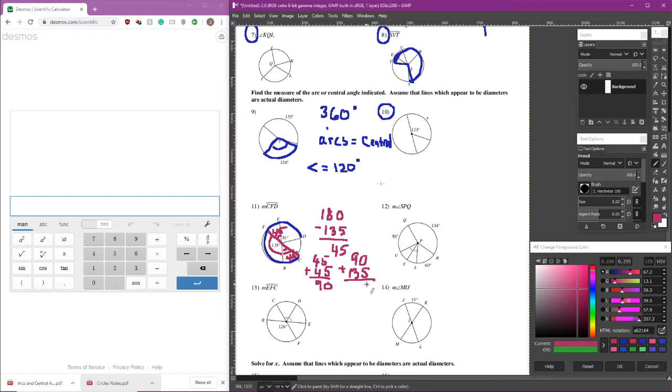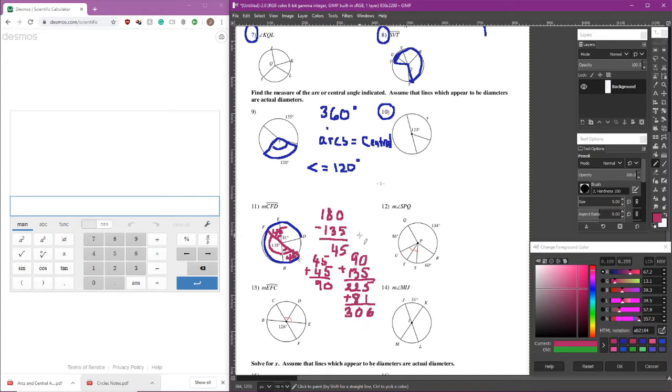And you have 225. And there is one last angle, this 81 degrees right here. So that's going to be added. 225 plus 81 is 306 degrees.